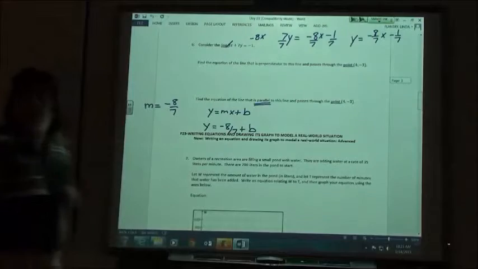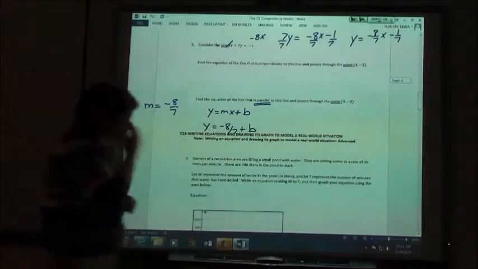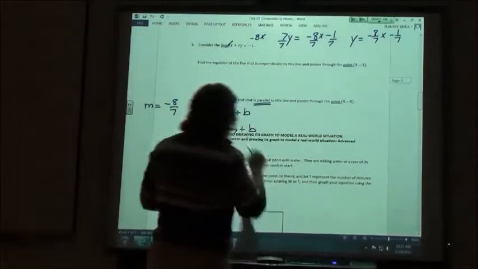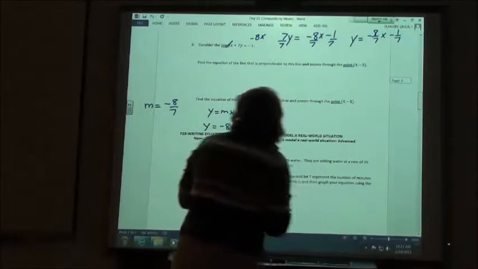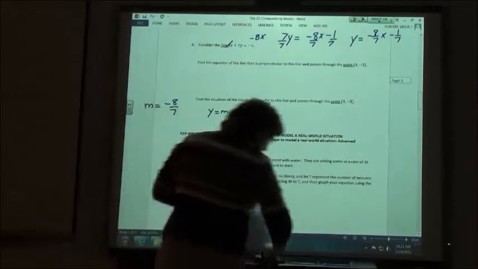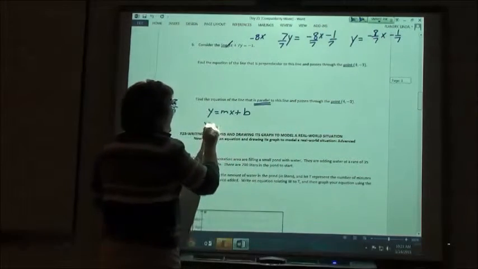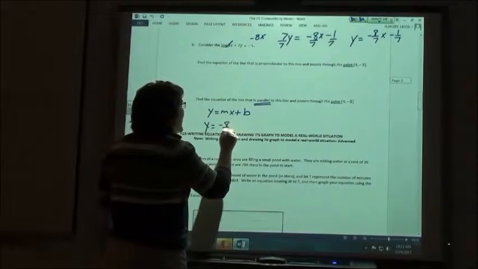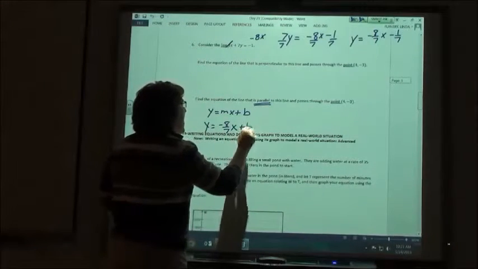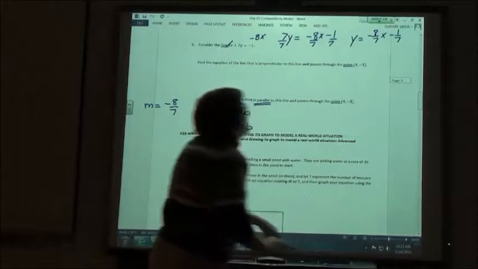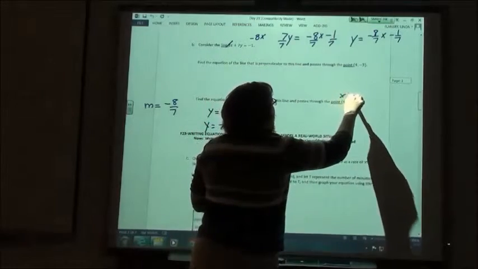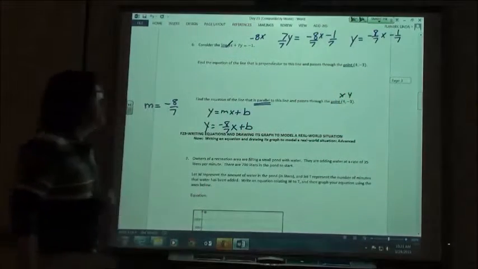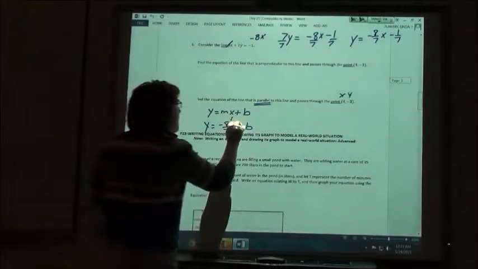So y equals negative 8/7 x plus b. And then we can plug in our x and our y, right? Now I can put in my x and my y. So for my x, I'm going to have 4 and negative 3 on the y.